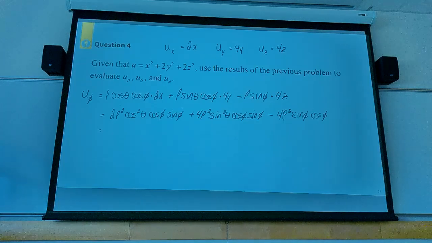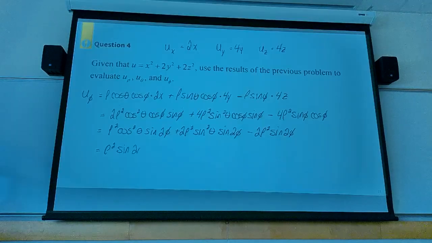So, we kind of have time, so let's just do this. Each of them has a 2 cosine phi sine phi, which is the double angle on sine. Factor out a rho squared sine of 2 phi.